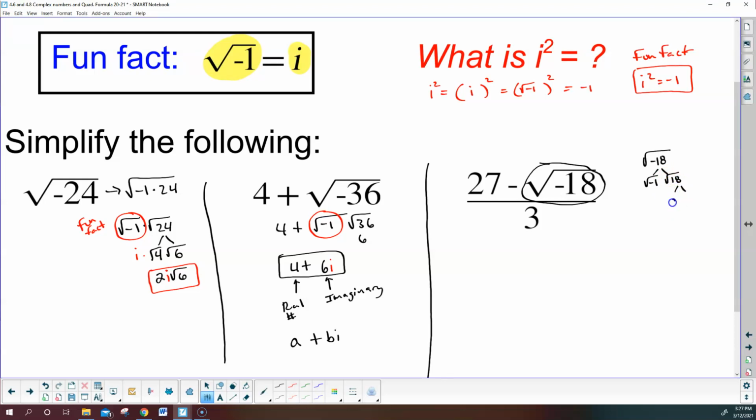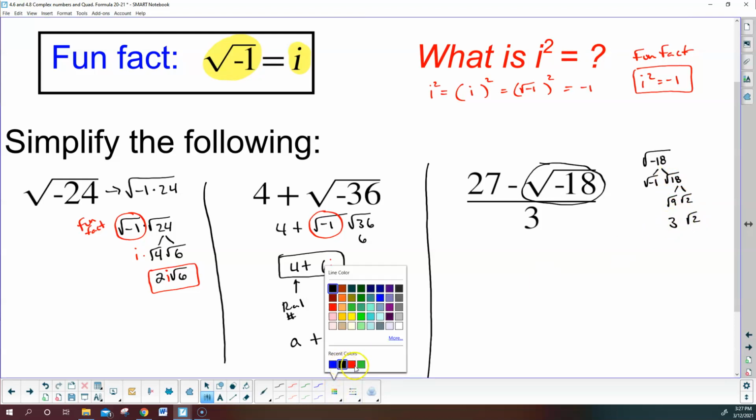But then 18 is better thought of as the square root of 9 and the square root of 2. Well, what is the square root of 9? That's 3. So the square root of 18 turns into 3 square root of 2. But then these are all being multiplied together, and my fun fact turns into i, the square root of -1 is i, and we would put that just right here.